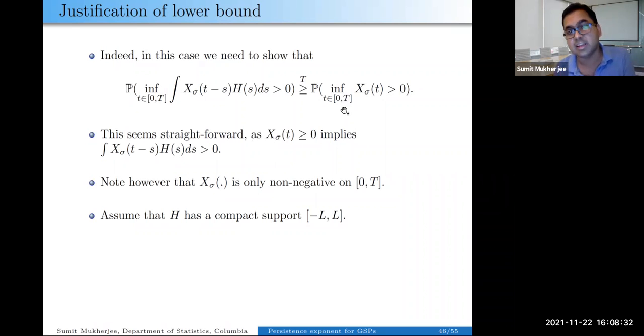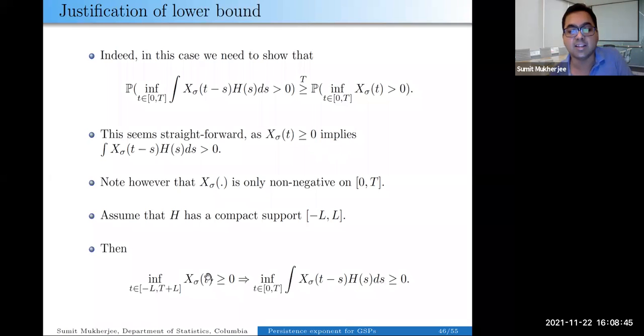So even though points outside this interval affect this value, you don't need to go too much outside. If you demand that your process is non-negative on a slightly bigger interval, which captures all the points that can come up here, then this happens. So you don't exactly get 0 to t, but you expand it a bit, and that's fine.